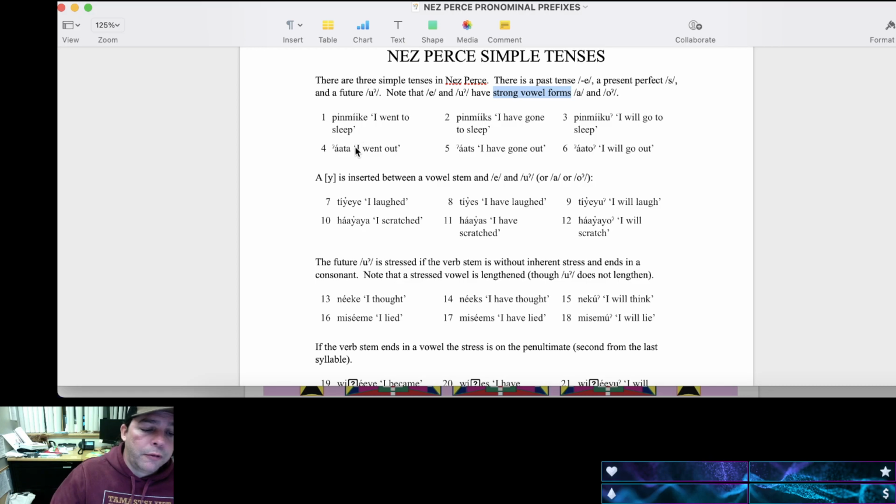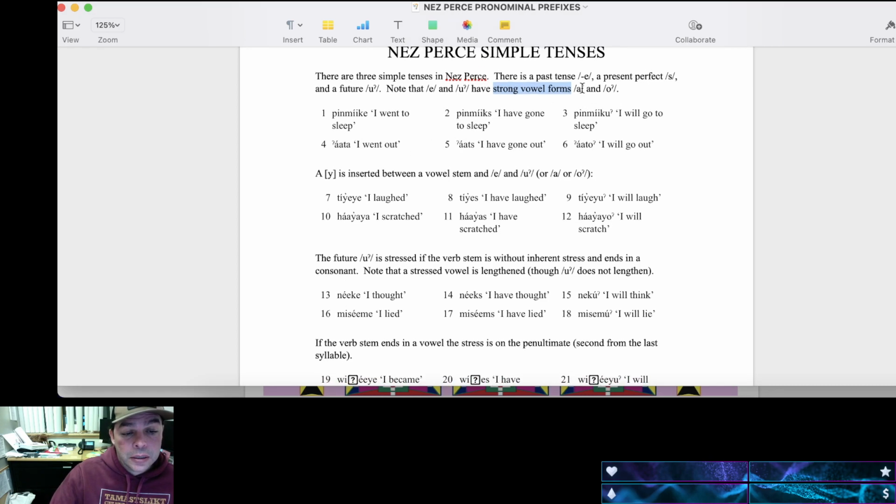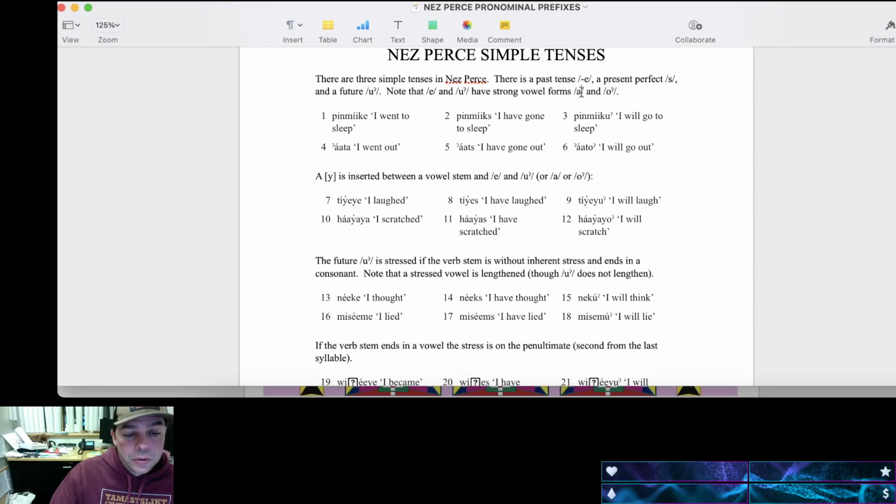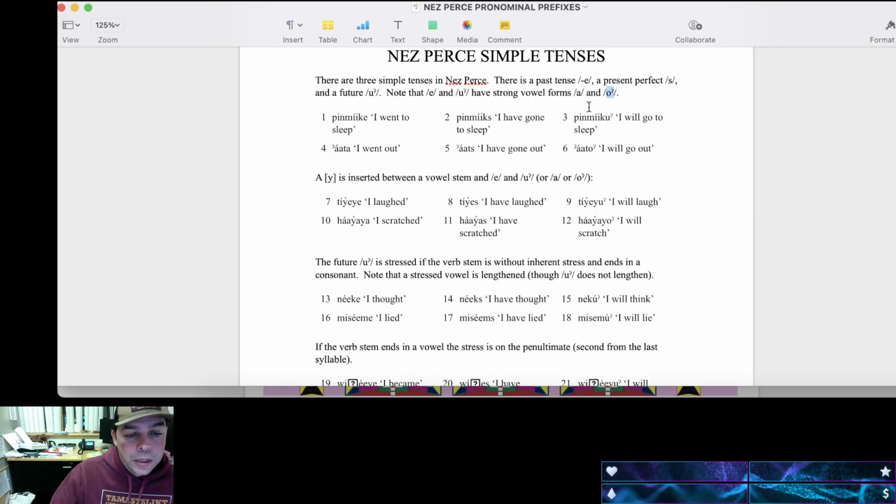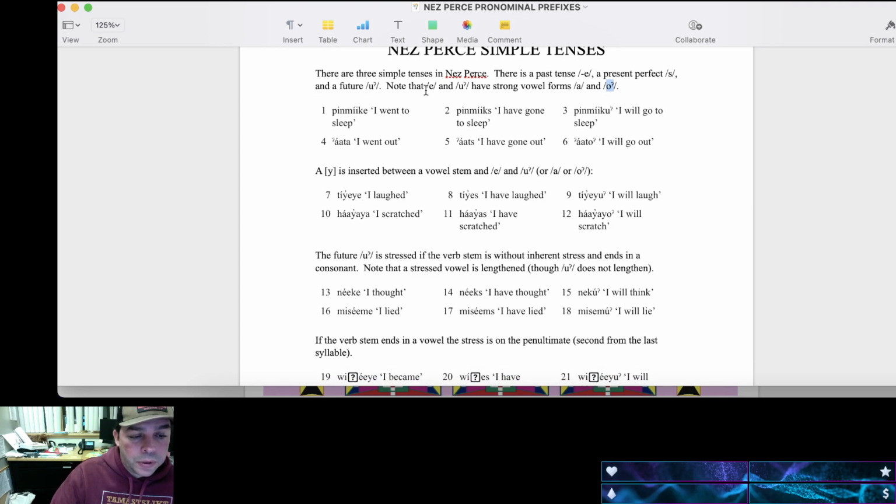So whenever a verb has strong vowels, we're going to stay with the A's and the O's when we conjugate, and when they have softer vowels, then we go with the E and the U.